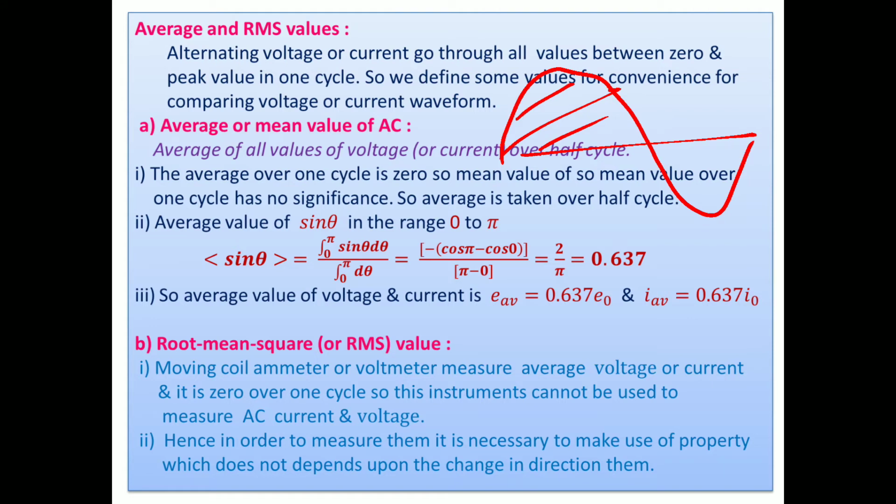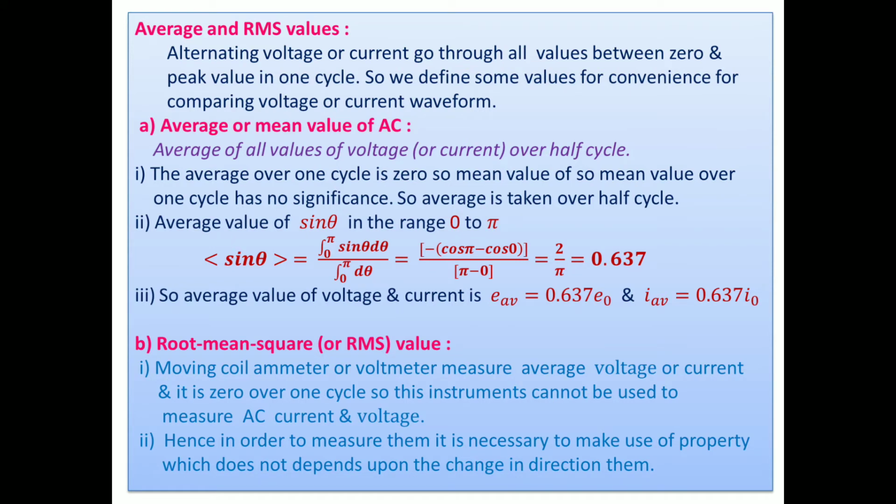So, the average value of voltage or current is given as E average equal to 0.637 E naught, and I average, or average current, is equal to 0.637 I naught. This is the average value over a half cycle.